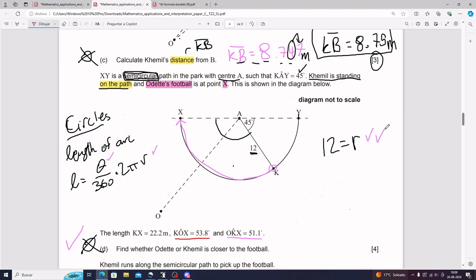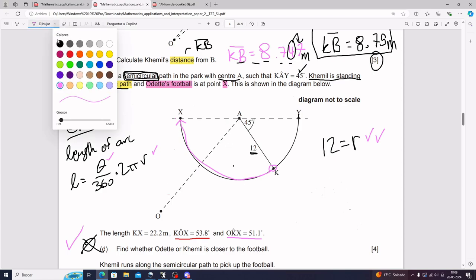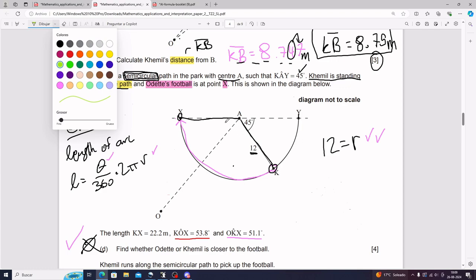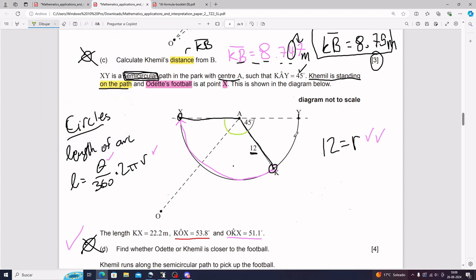I already figured out my radius, and for figuring out the angle, because I'm going for the part of the arc that's in pink, I need to understand that this arc finishes here, and it also finishes here. So the angle you need is this guy right there, okay? How do you find that guy right there? Well, I can immediately tell you, with a little bit of quick maths, that it's 135 degrees. Now, how did this guy online just do that?